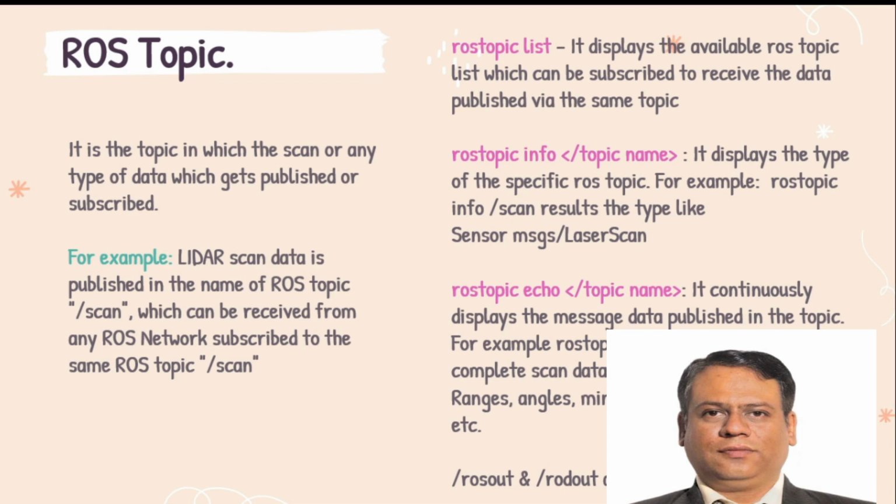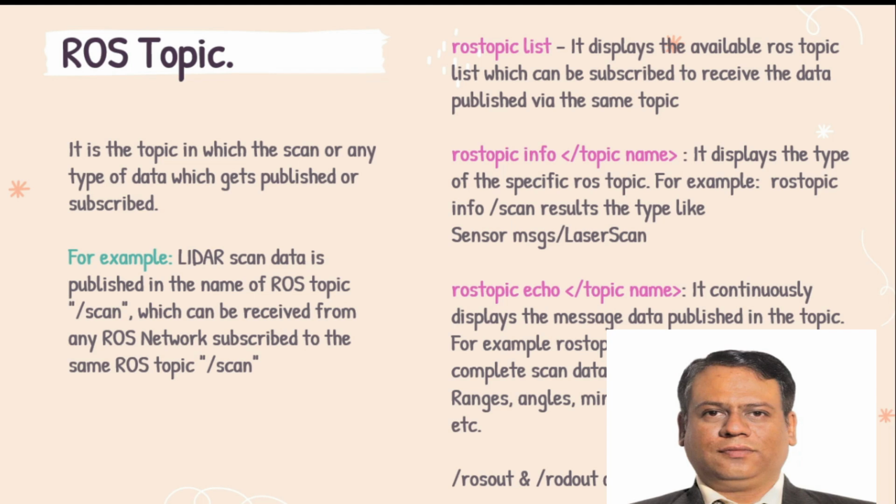And the command which we can use to identify the ROS topics is "ros2 topic list", which will list out the ROS topics, showing what topics are there. For example, there is one robotic system already installed on a Raspberry Pi. What topics are they using?